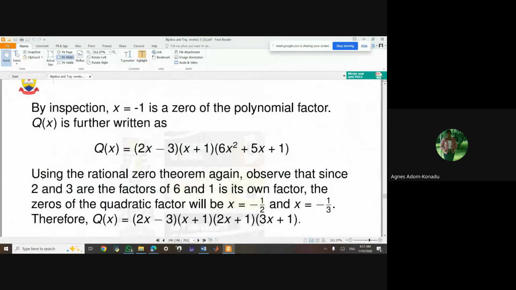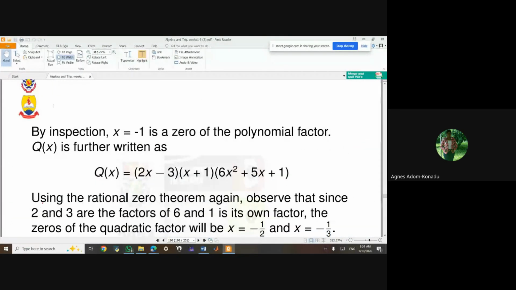So this rational zero approach is a way of finding the factors. Since you're going to teach, you have to know this. With the rational zero approach, you find the factors of the leading coefficient, you find the factors of the constant, then you divide the factors of the constant by the factors of the leading coefficient one by one, and you make sure that they are in their lowest form.